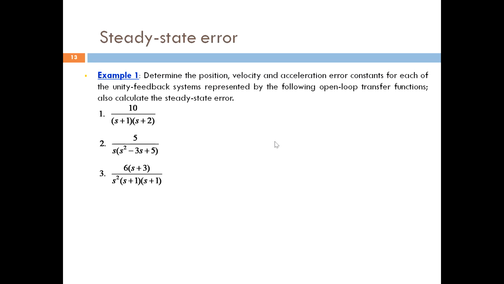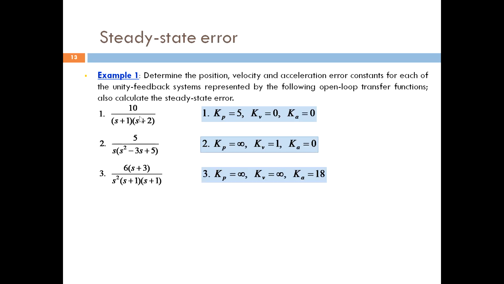We are told that this is a unit negative feedback system, and so we have to determine the position, velocity, and acceleration error constants, as well as the steady state error. Okay. Now we did work this out in class, so I'm not going to show you how to go about doing it. I will give you the answers though.